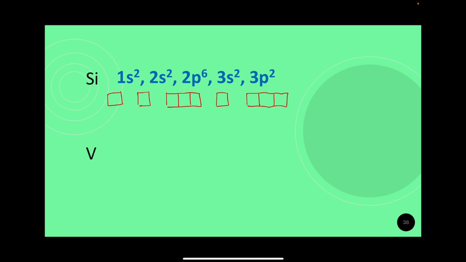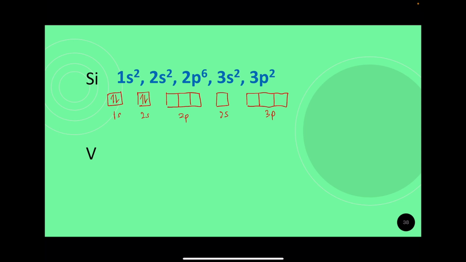So we label the boxes using its orbital, 2s, 2p without the number of electrons, 3s and 3p. Next, we start to fill up the boxes with the electrons.